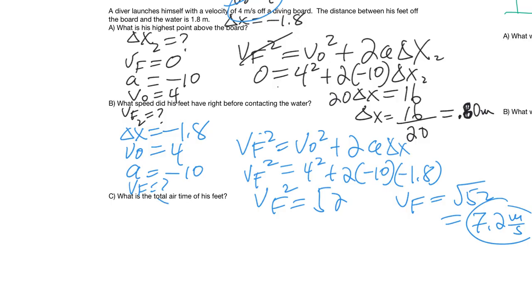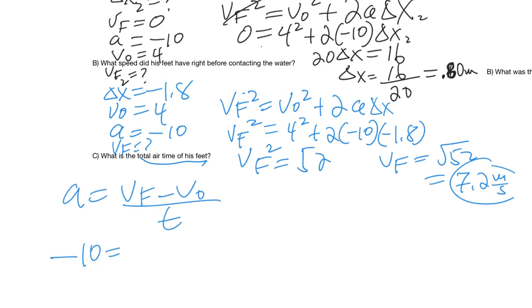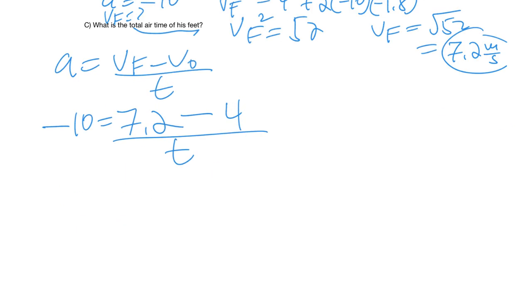What's the total air time of his feet? Okay, you don't have to make this tricky. A equals VF minus VO over T, right? Negative 10 equals VF, which I just found, 7.2, minus VO, which is 4, over the time.